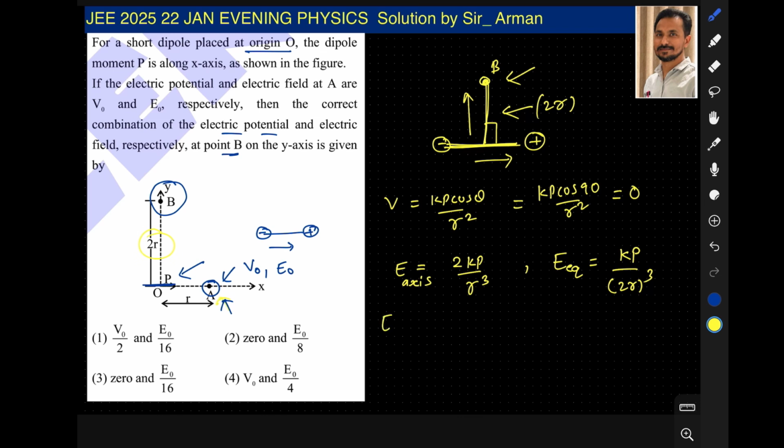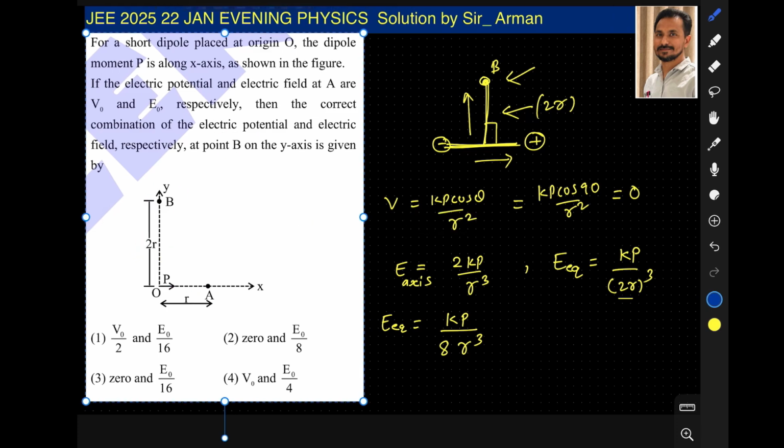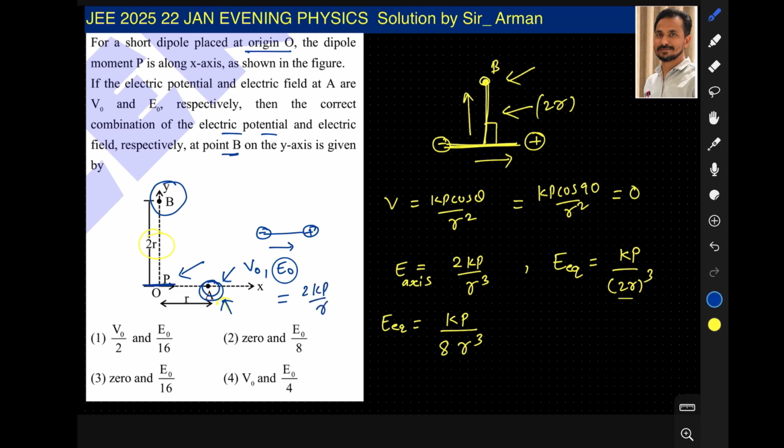So how can I rewrite this? E equatorial is equal to Kp divided by 2r cube. So 2 cube is 8 and r cube as it is. But in the question it is given that at point A the electric field is E0, which is given by the equation 2Kp by r cube.